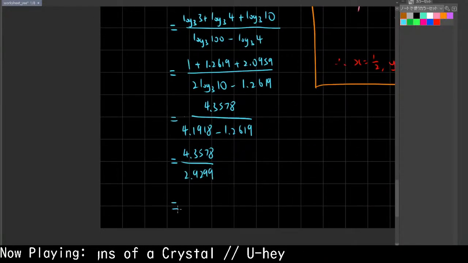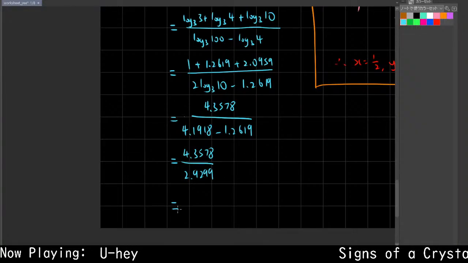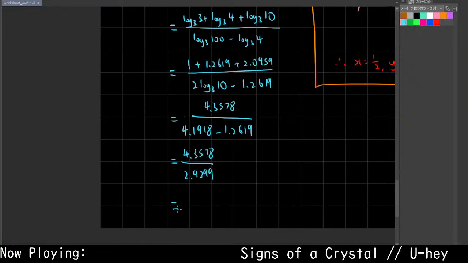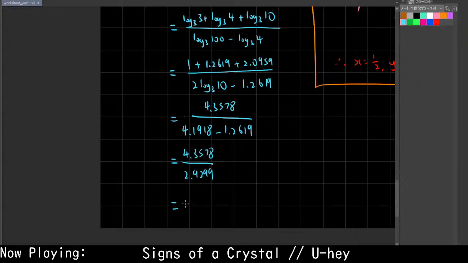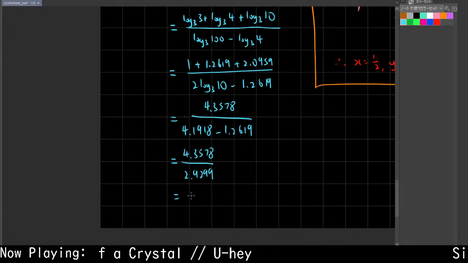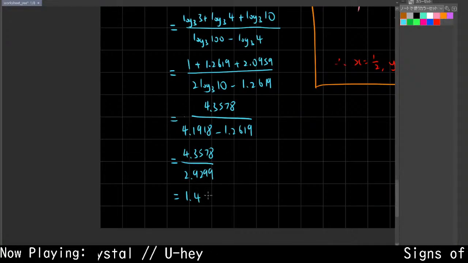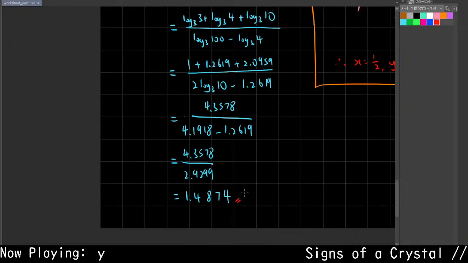So 4.3578 divided by 2.9299. The answer you get is 1.4874. Okay, done.